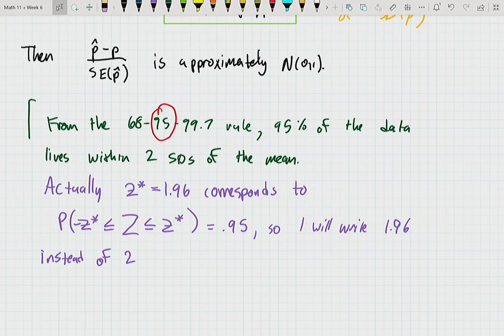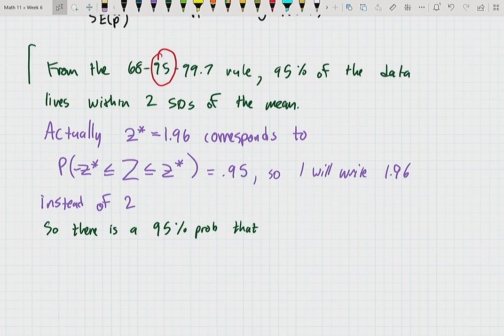So my population parameter, there is a 95% probability that my sample proportion is within 1.96 standard deviations of my population proportion. Did I say that right? Let me write that down.